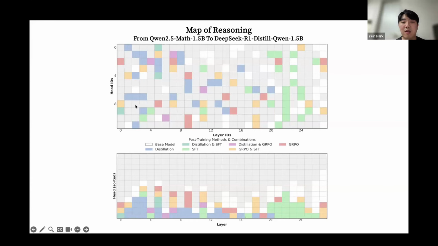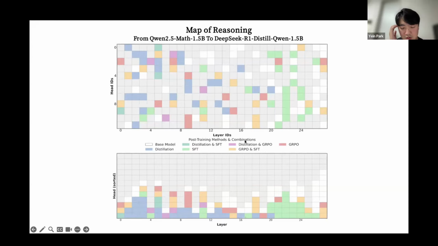These heads only come through the reasoning model circuits, and do not come with the base model circuits. That is why we distinguish these post-trained circuits. We differentiate between GRPO circuits and the base model, and we also distinguish between the distillation version and the base model. And we map the index of those attention heads in this whole map.